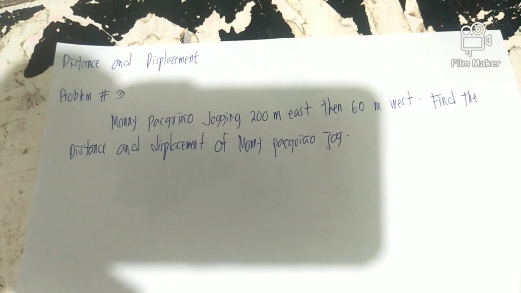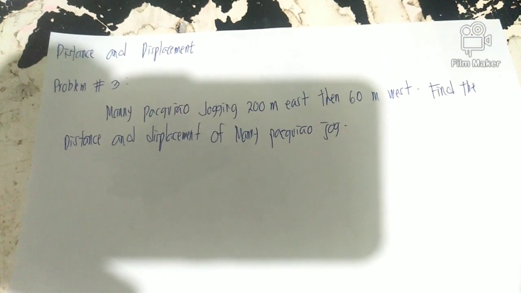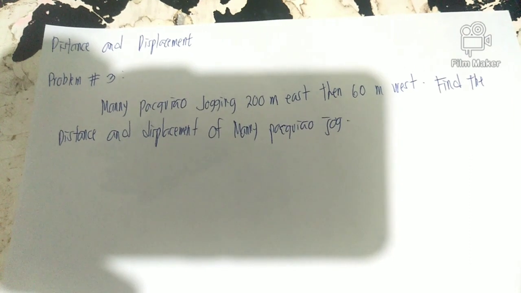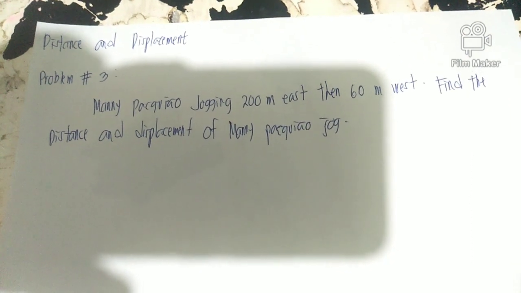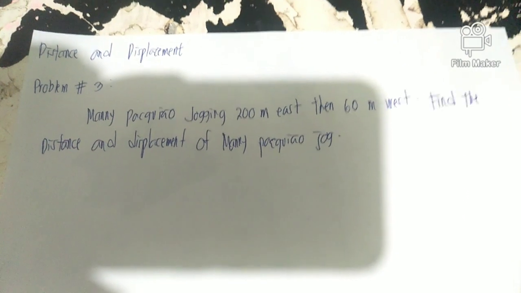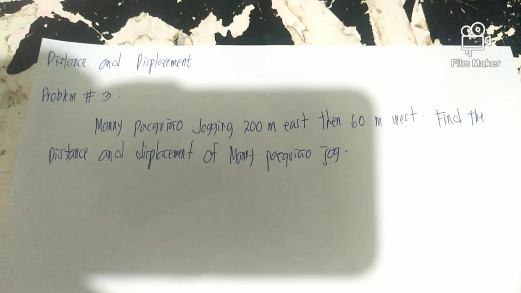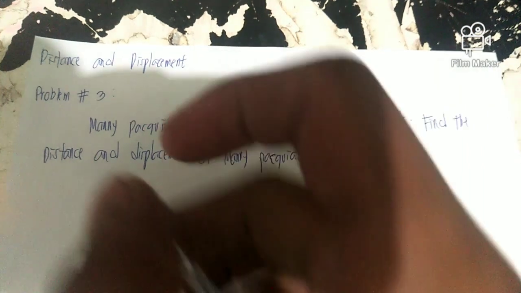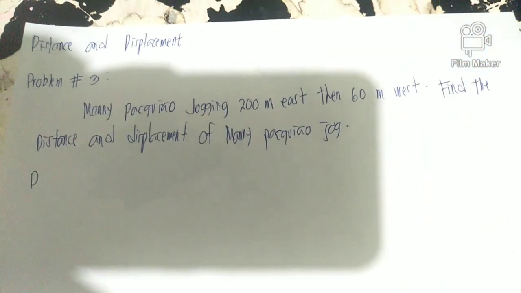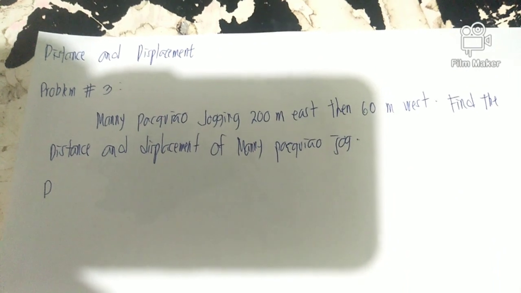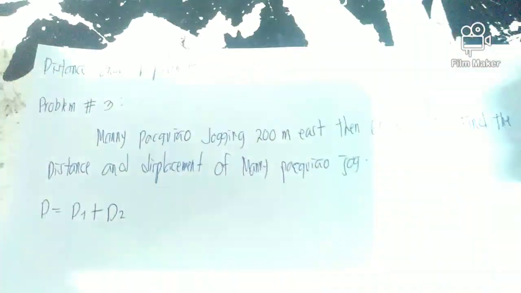So problem number 3. Manny Pacquiao jogs 200 meters and then 60 meters back. Find the distance and displacement of Manny Pacquiao's jog. So we put letter D as distance, which equals D1 plus D2.